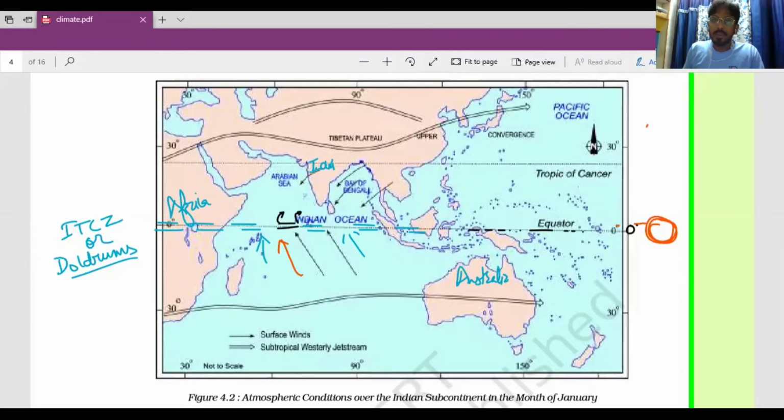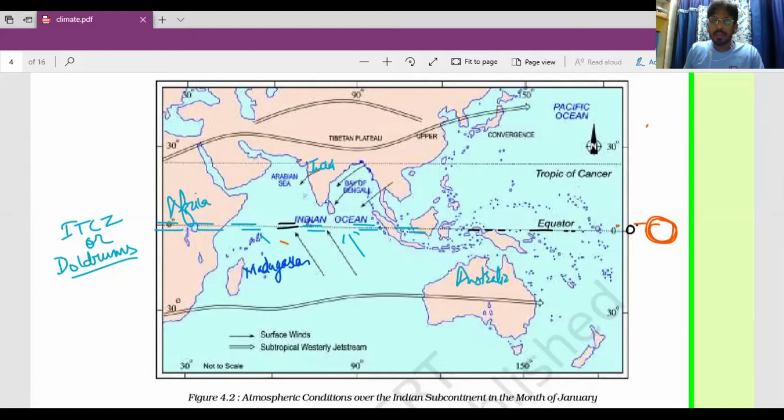What happens in winters? Let us understand this. See, in winters the sun comes down, and over here in summers there was a low pressure, right? Now in winters when the sun comes down, the sun will heat this Madagascar land.